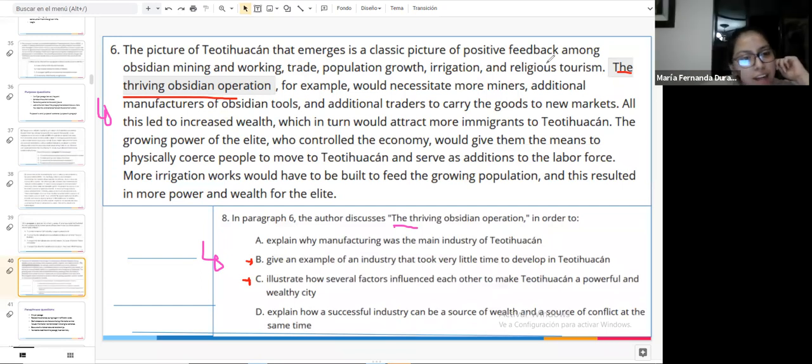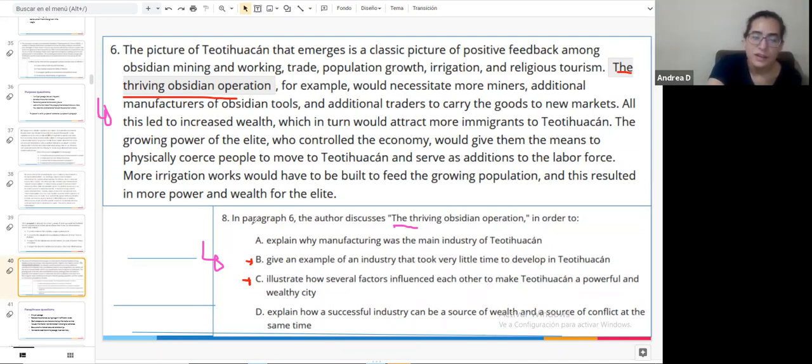In the part that says all these led to increased wealth, I think that's what the paragraph is about, the factors of how Teotihuacan can have wealth and be more attractive for everyone. Okay, all right. So yes, all this led to increased wealth, which would in turn, okay. So yes, probably all those factors. Anything else you guys would say?